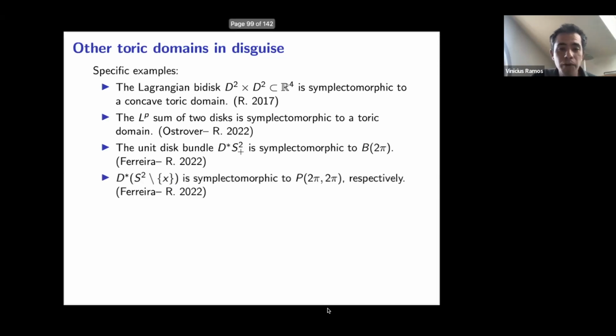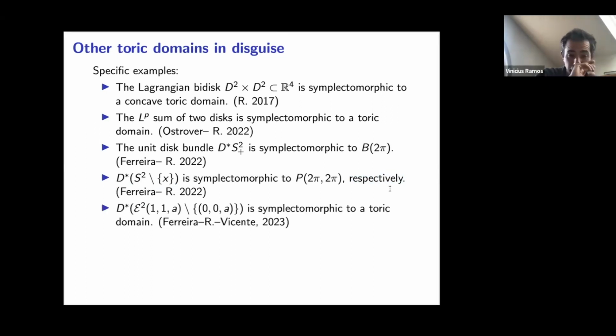And in fact, we can go all the way to everything up to 1 point. So if you remove 1 point from your sphere, the disk bundle is symplectomorphic to a symplectic polydisk, what's known as P(2 pi, 2 pi). And ignore the "respectively"; I think that's a typo.